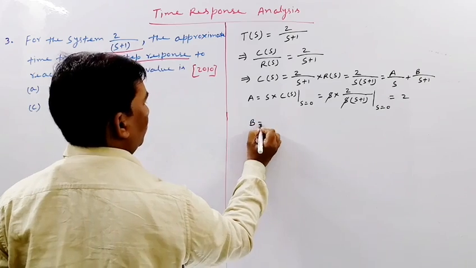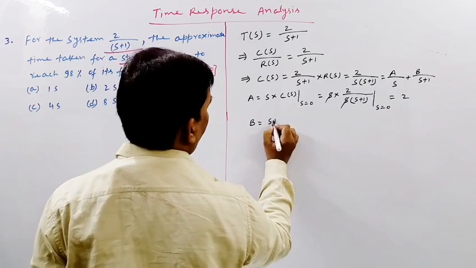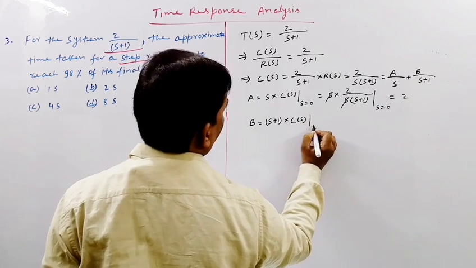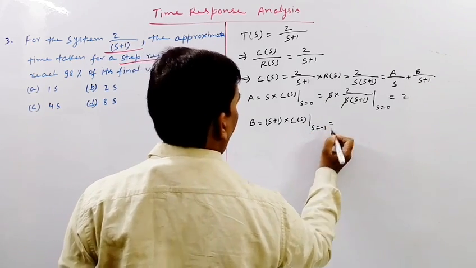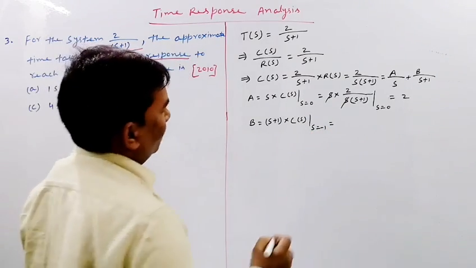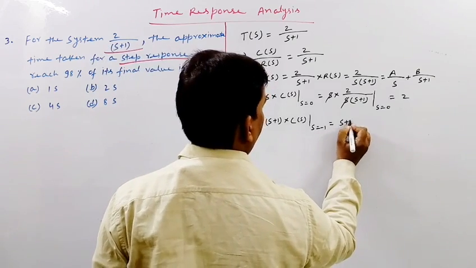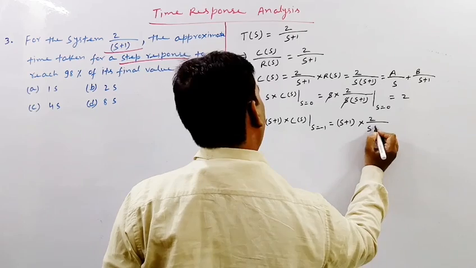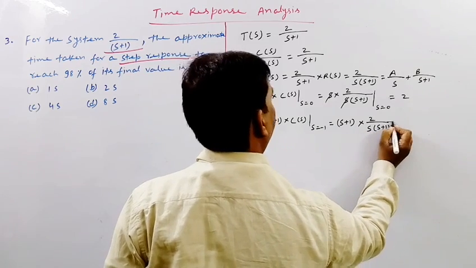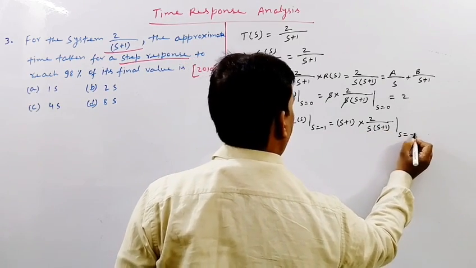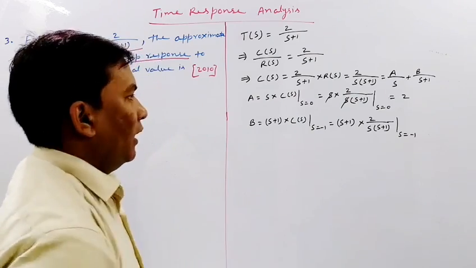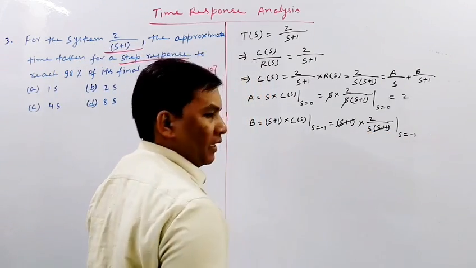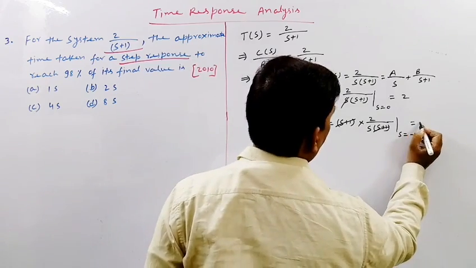And b will be equal to s plus 1 multiplied by C(s) at s equal to minus 1. So s plus 1 multiplied by 2 divided by s into s plus 1 at s equal to minus 1. Since here the pole is at s equal to minus 1, s plus 1 will cancel out each other, and it will come minus 2.